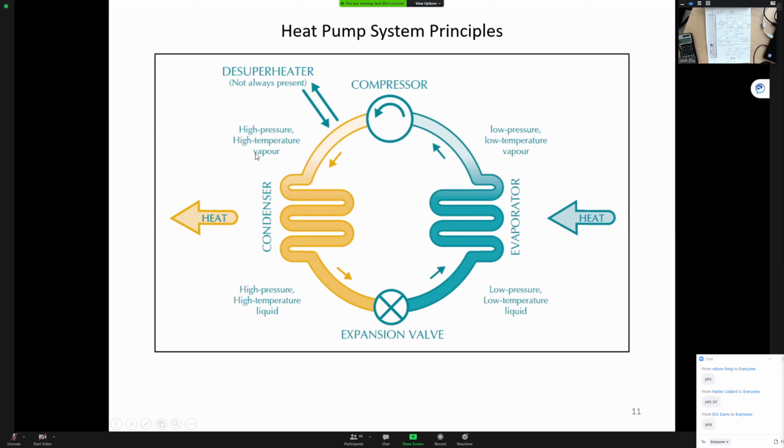When it changes from vapor to liquid, it releases that heat. The condenser releases that thermal energy to the surroundings. So basically we absorb heat from one side, then release heat to another side.